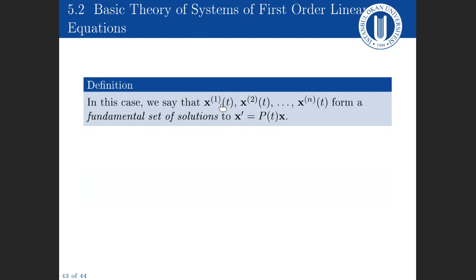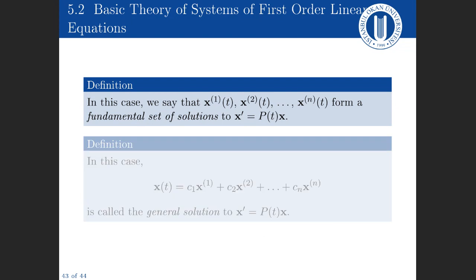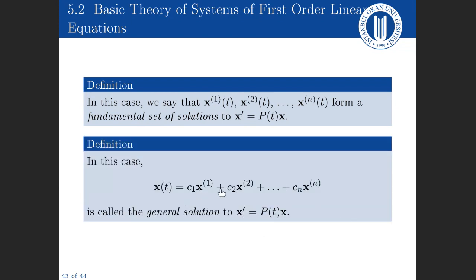So in this case, we can say that our linearly independent solutions form a fundamental set of solutions, and we can say that C1 x(1) plus C2 x(2), etc., is the general solution to our linear system. So again, there's nothing new here. We're just using the same ideas as from chapter 3.